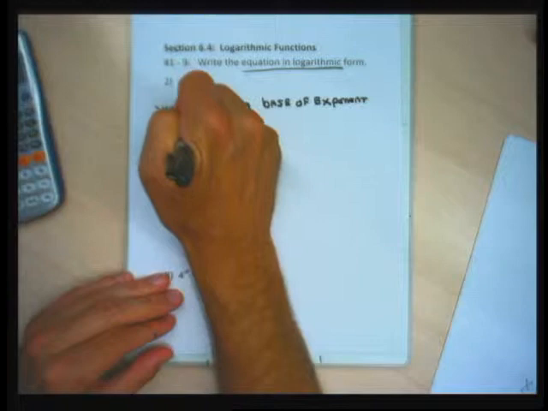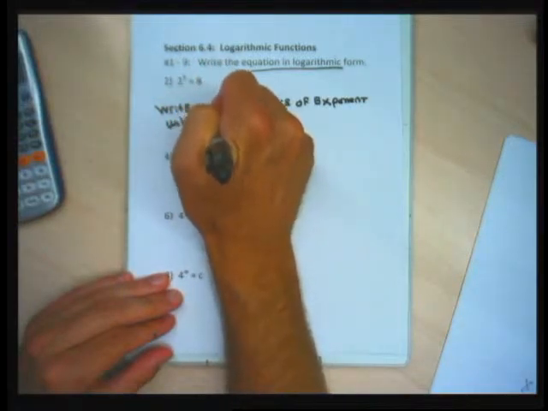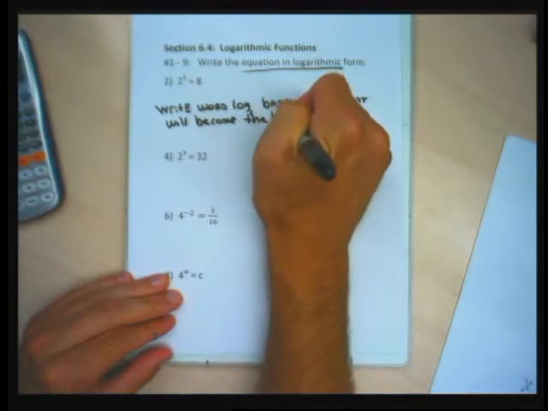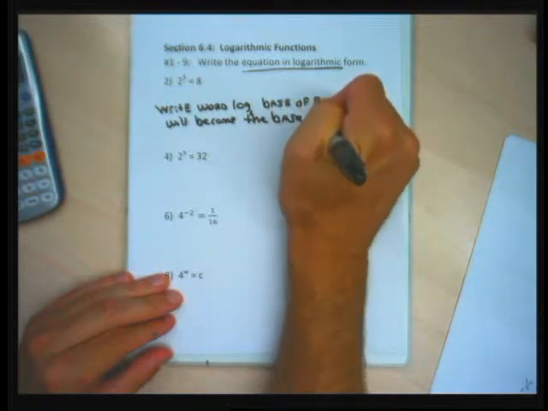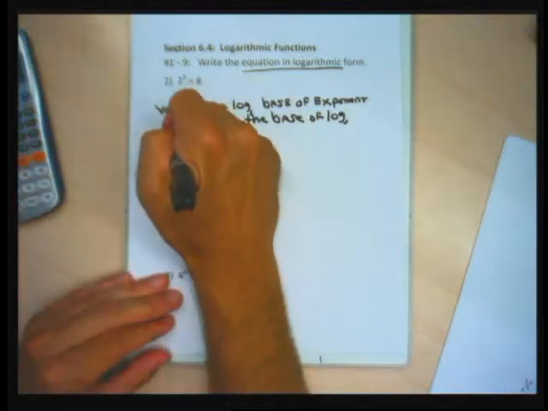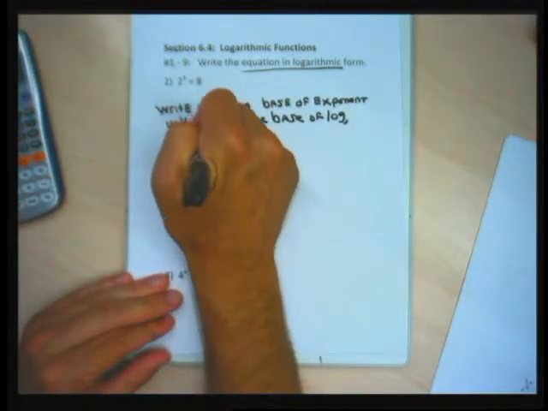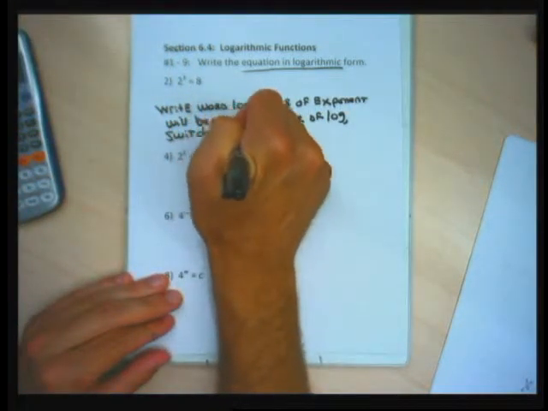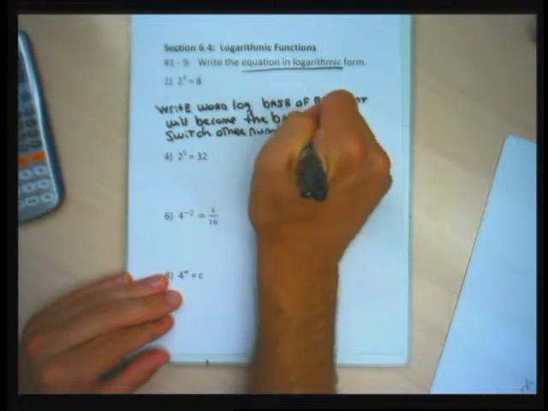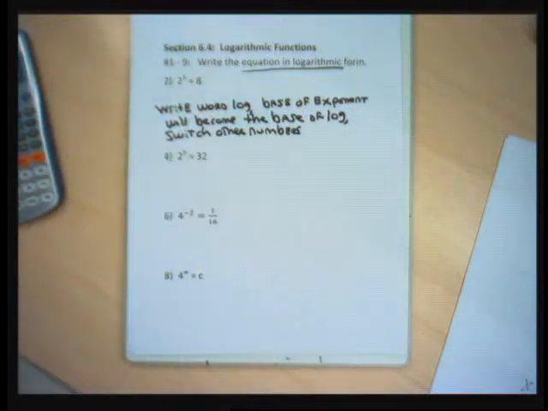So it's just going backwards. And again, I need to switch back the other numbers. So if the instructions say write in logarithmic form, that means I want to see a logarithm, so I'm going to write the word log.